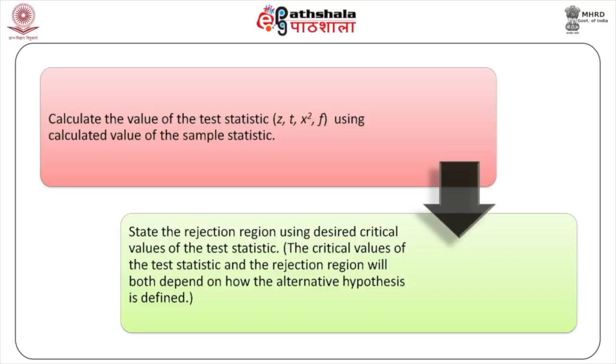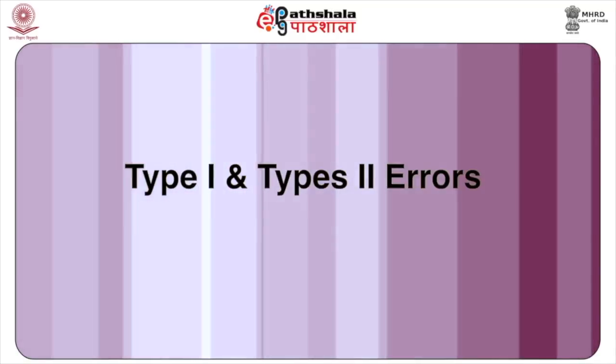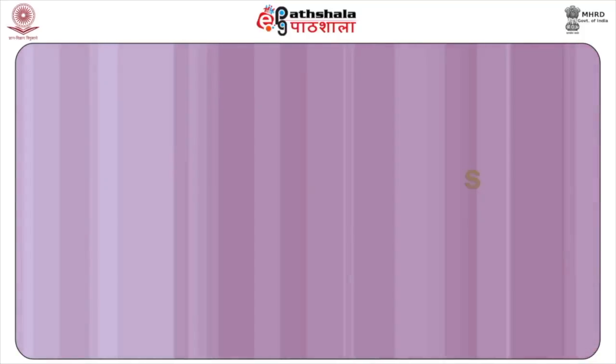The critical values of the test statistic and the rejection region will both depend on how the alternative hypothesis is defined. Eighth, apply the decision rule: reject the null hypothesis if the calculated value of the test statistic falls in the rejection region, and do not reject otherwise, at the alpha level of significance. Ninth, state the conclusion in terms of the problem posed. Now we are going to discuss type 1 and type 2 errors.